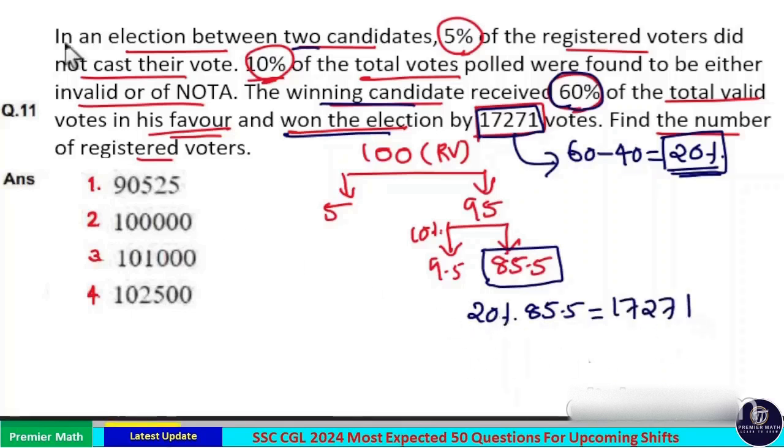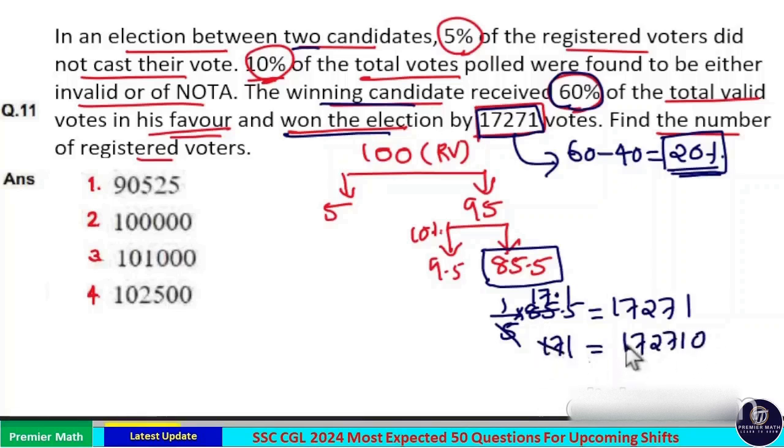17,271. Now I will write 20% as 1 by 5. Now 5 goes 17 times in 85, 5 goes 1 time in 5. Now 17.1 is equal to 17271. Now if I multiply by 10 on both sides, 171 is equal to 172,710.